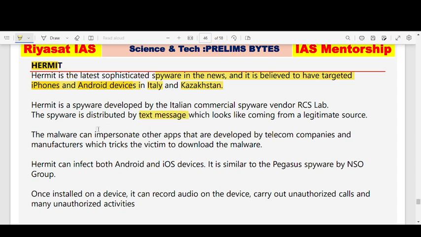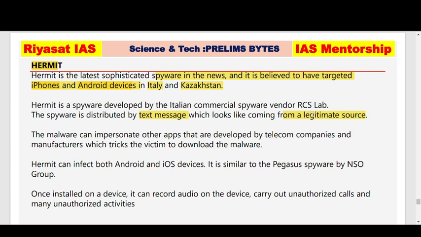What type of spying is being done? The information comes to your phone, but it looks like it is coming from a legitimate source, but intentionally it is coming from a fraud. Clear? But because of its look and the way it has been presented, it seems like it is coming from a legitimate source. And Hermit is developed by an Italian commercial spyware company.